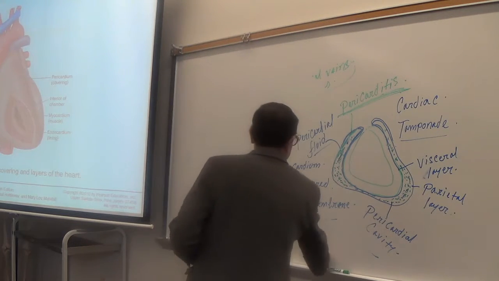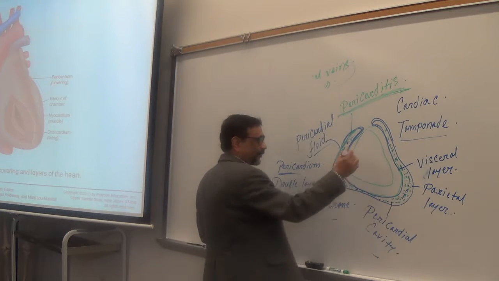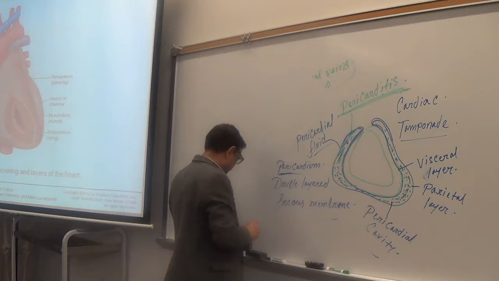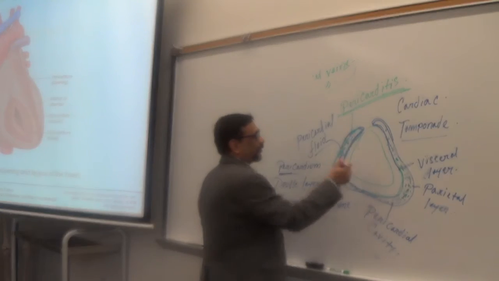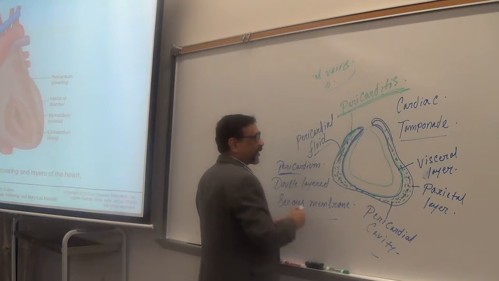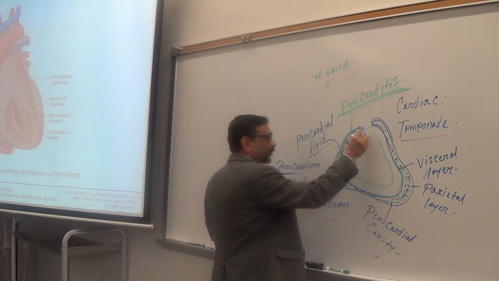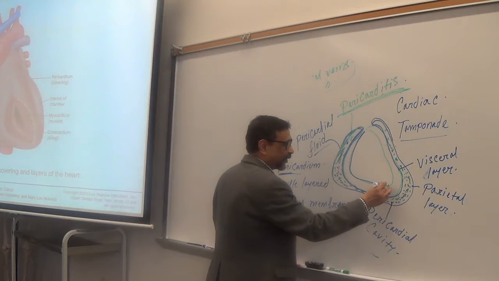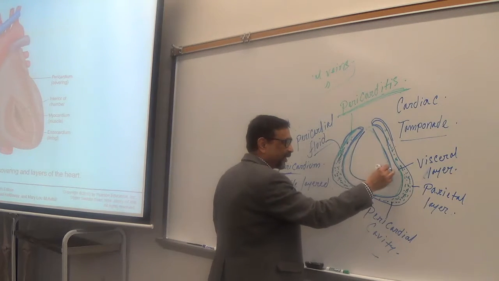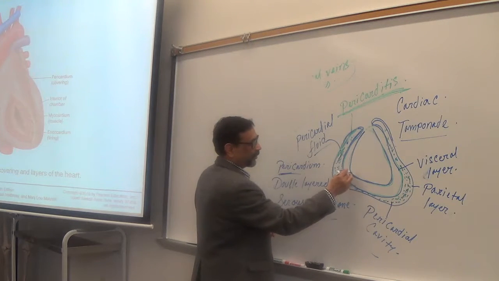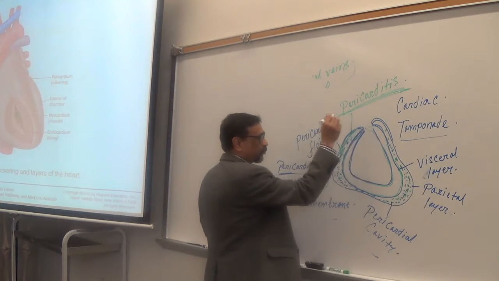Now, the wall of the heart. Wall of the heart has three layers. Innermost layer is a very thin layer, a lining of epithelium, that is called endocardium.